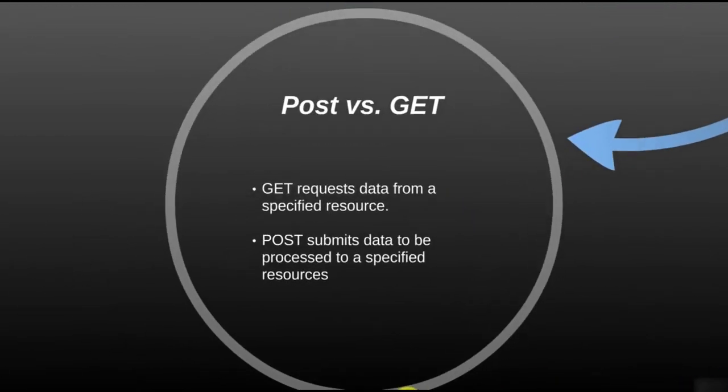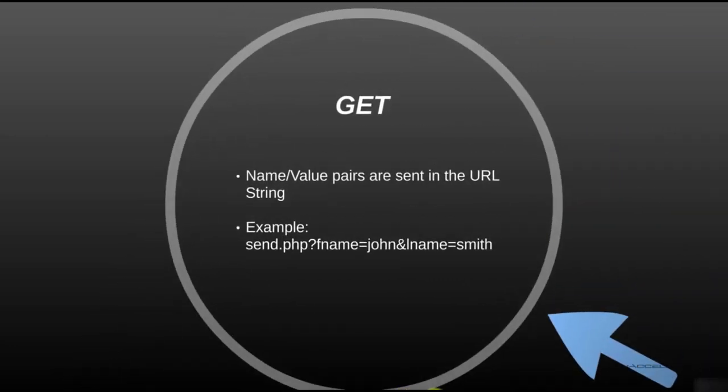The get method requests data from a specified resource. The post method submits data to be processed to a specified resource. When using the get method, the name and value pairs from the form fields are sent in the URL string, as shown in this example.